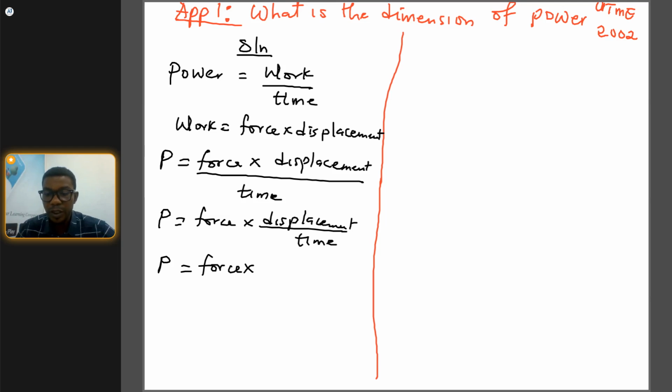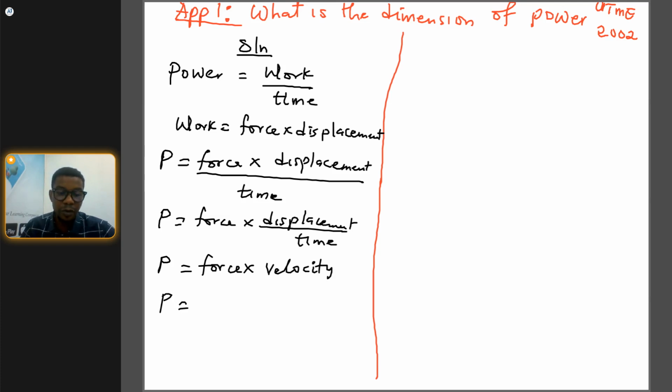If you check your chat box, I've sent a picture that comprises the formulas we have been using so far. So we can proceed now. We said displacement over time is also velocity. You can check the picture, you will see the formula there.